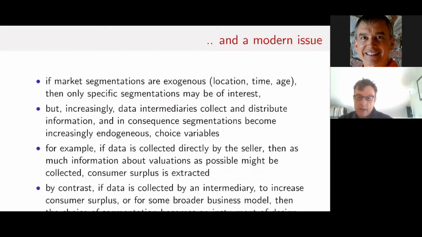The question of price discrimination was first posed by Pigou in the 1920s. So you might say this should be a matter that is settled for economics by now. But in fact, it's a very modern issue. Why? Because until maybe 10, 15 years ago, we thought of market segmentations being issues that are rather exogenous. That is, one can think about the location, whether it's in an urban environment or in a rural environment.